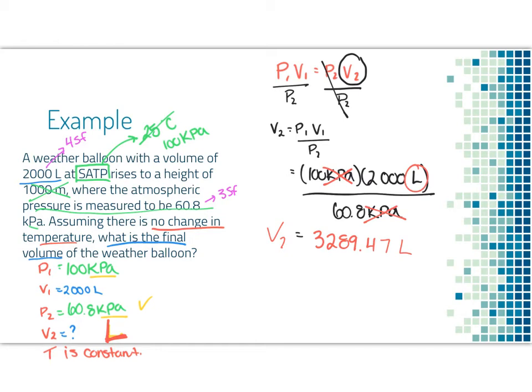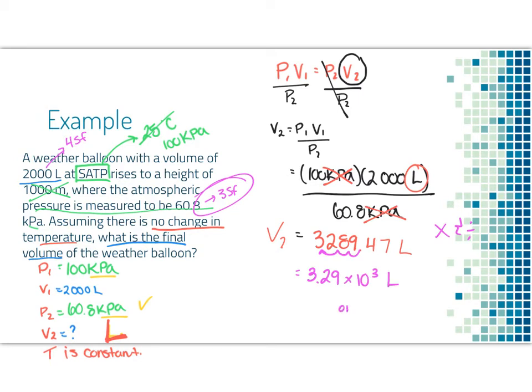We didn't consider SATP because it wasn't a measured quantity in our experiment values here. So because this is multiplication and division, we're going to go with the lowest number of significant digits, which is 3. So my final answer should be reported to 3 significant figures. I need to use scientific notation to do that. So 3.29 times 10 to the 3 liters should be my final answer.